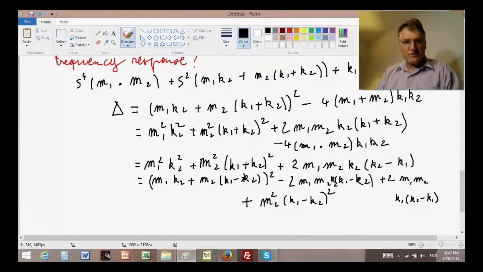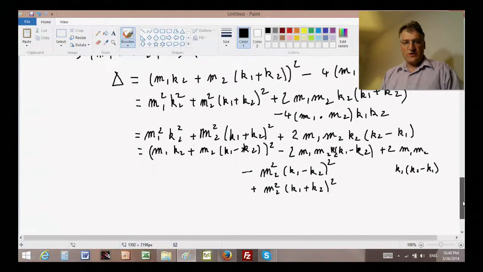To be more precise, I should put a minus here. And finally, plus m2 squared times k1 plus k2 squared.